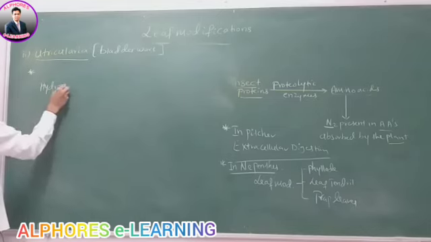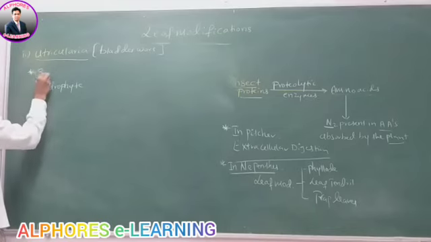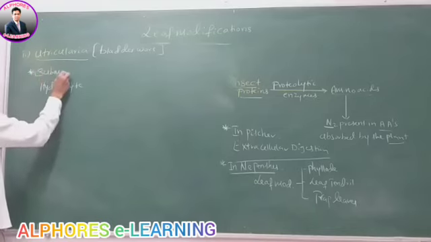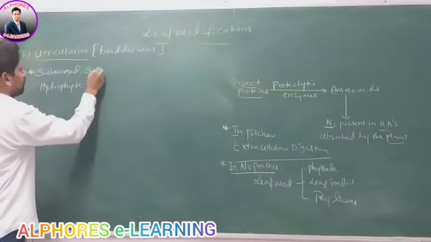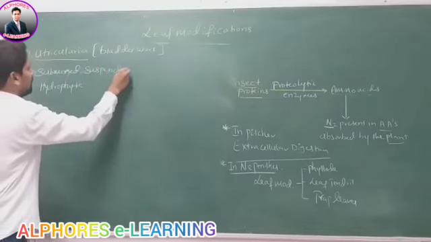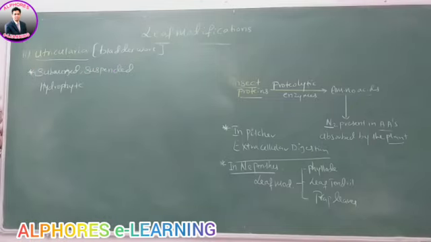Hydrophytes are of five types. This is a submerged suspended hydrophyte. Utricularia is a submerged suspended hydrophyte.